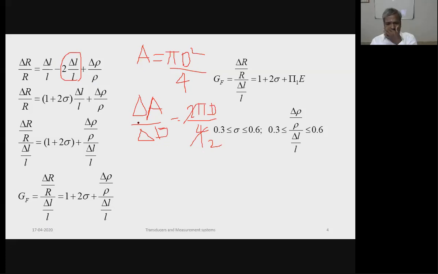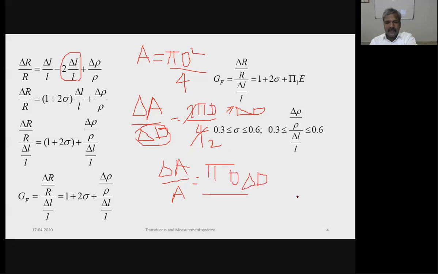So if you want to get del A by A, you divide this by A, and bring del D to this side. Del A by A equal to pi D into del D by 2 pi d square by 4.